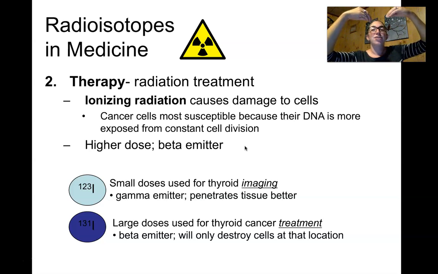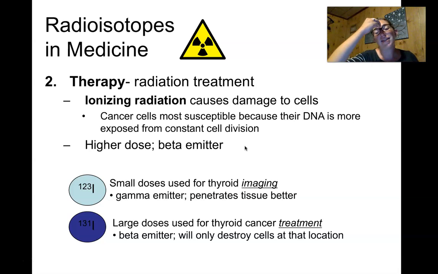So the radioactive material is not being put inside you. So when you leave, you're not radioactive. But beta emitters can be ingested or injected, and stay in your body and localize to a tumor and selectively kill the tumor. So a good example of this is with iodine.